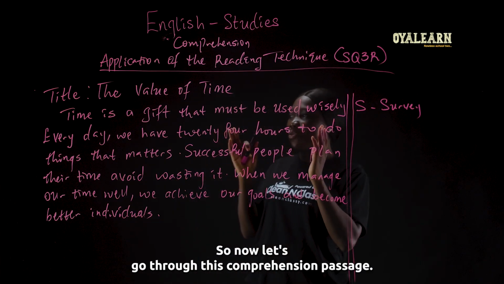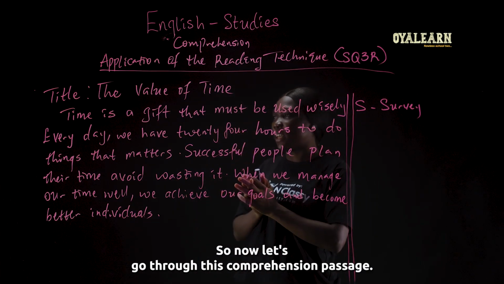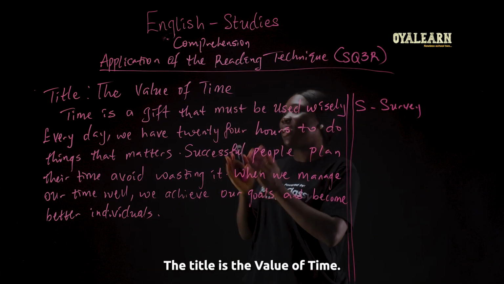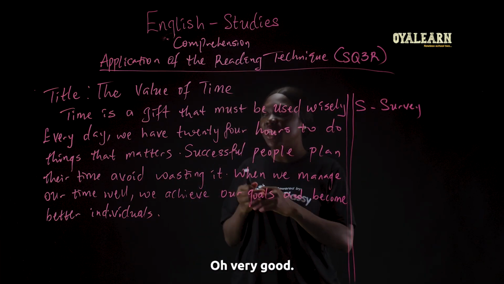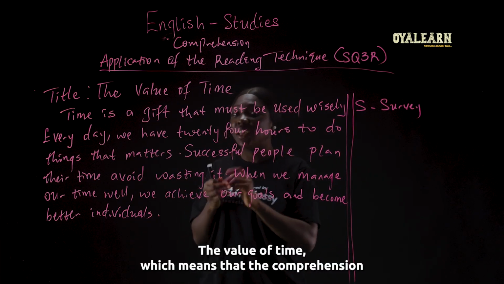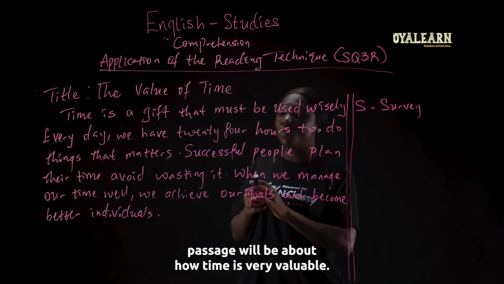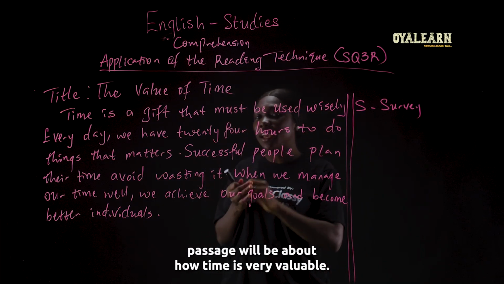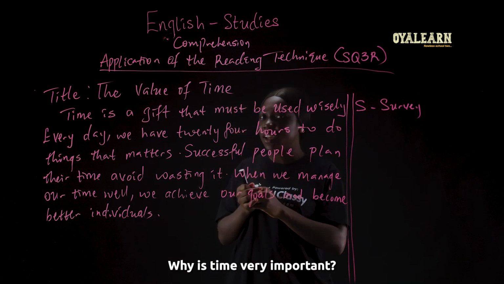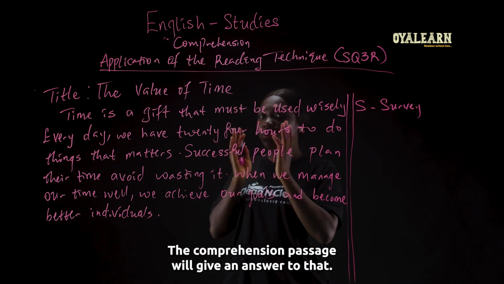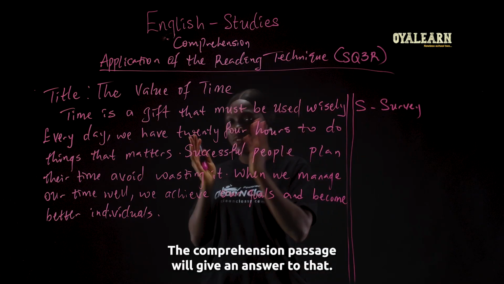So now let's go through this comprehension passage. The title is the value of time. Oh, very good. The value of time, which means that the comprehension passage would be about how time is very valuable. Why is time very important? The comprehension passage will give an answer to that.